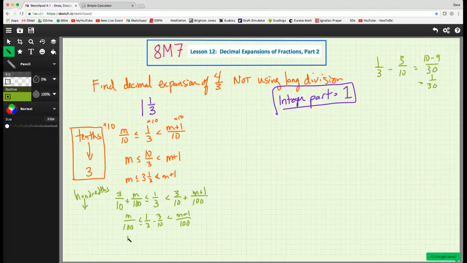Okay, so now we have m over 100 is less than or equal to 1 over 30 is less than m plus 1 over 100. Now we want to get the m by itself, so we multiply everything by 100.